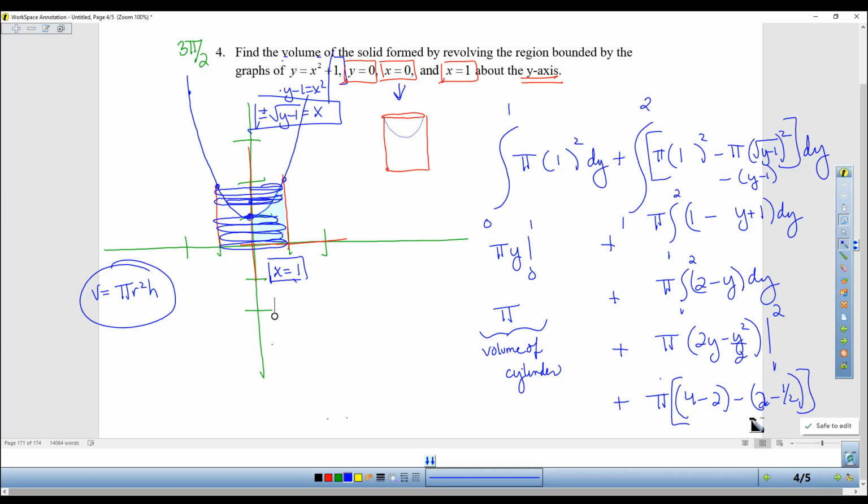So that's 4 minus 2, but then minus 2 again, all ends up canceling, and you just get the plus 1/2. So plus pi halves. Pi halves plus pi is 3 pi halves. I know some of you just plugged it into your calculator and got it that way, but 3 pi halves is our answer.